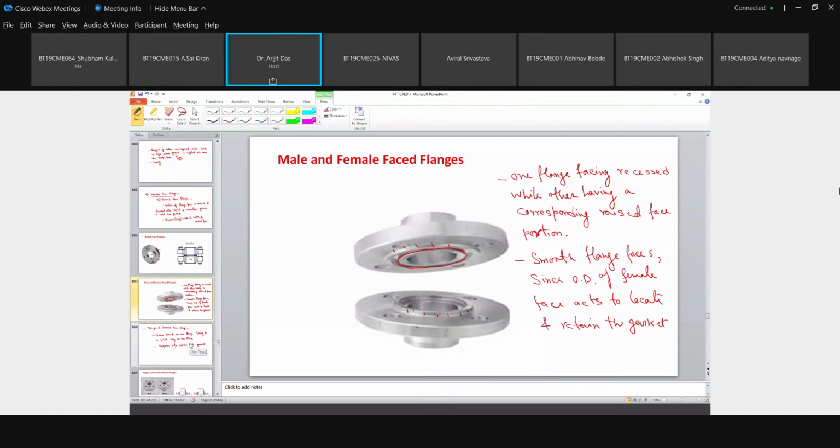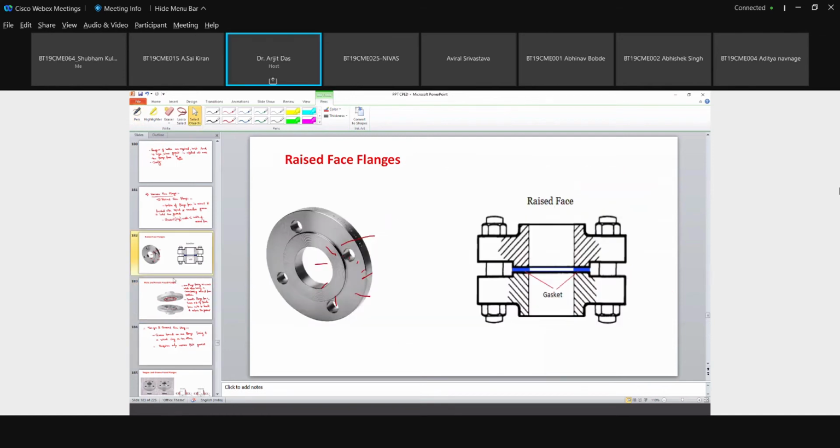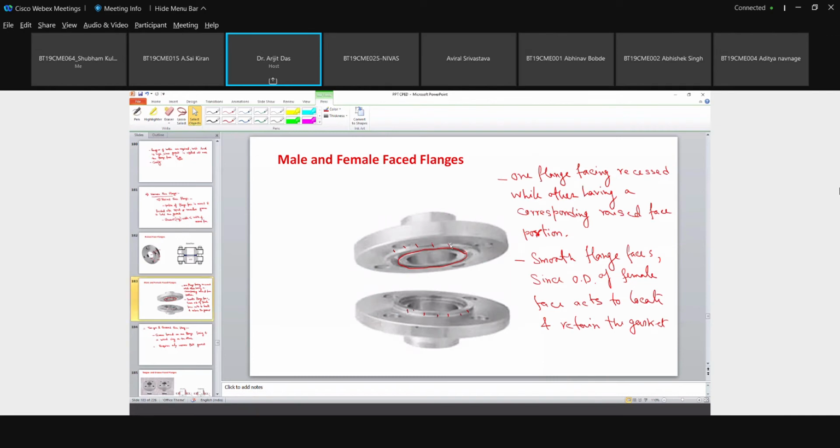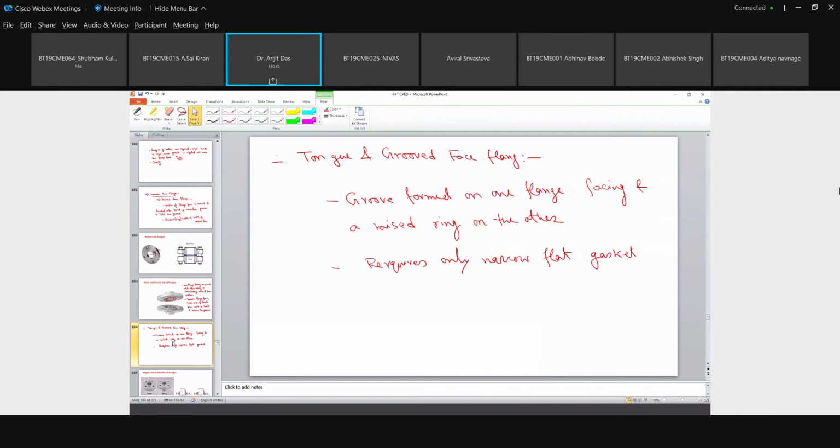And if we see, this raised portion can be fitted with these recessed portions and attached by the bolt. Another similar type of narrow faced flange is known as the tongue and groove. At first look it may seem the same, but it is not.